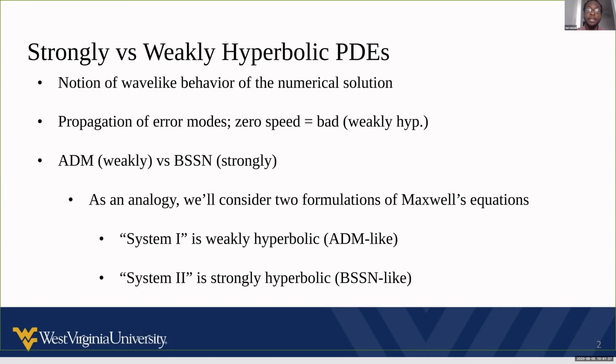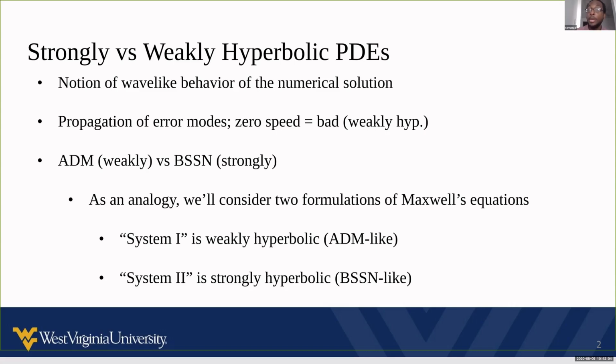Later on we had the BSSN formalism, which turned out to be strongly hyperbolic. In analogy, here we'll be talking about two different formalisms of Maxwell's equations, where system 1 is weakly hyperbolic or ADM-like, and system 2 will be strongly hyperbolic or BSSN-like.